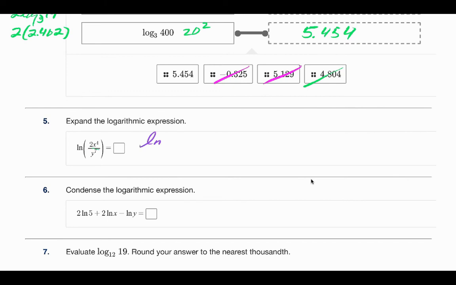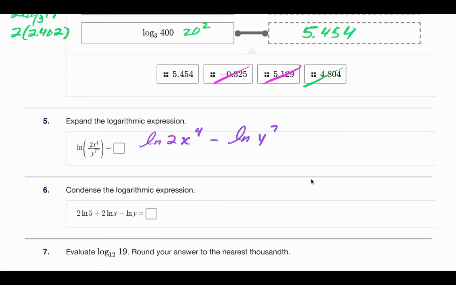We know that when we have the division, it's the same as subtracting. So we can say we have the natural log of 2 times x raised to the 4th power minus the natural log of y raised to the 7th power. Now remember, I just said the natural log of 2 times x to the 4th power, so I can even break that part up here.